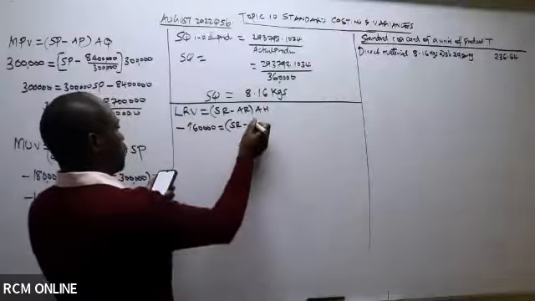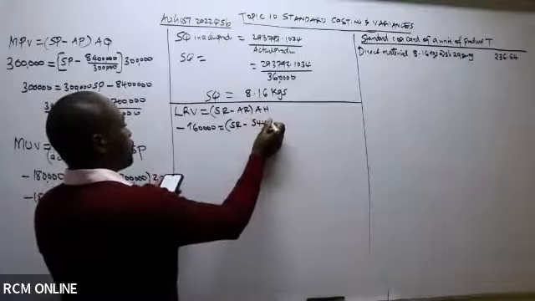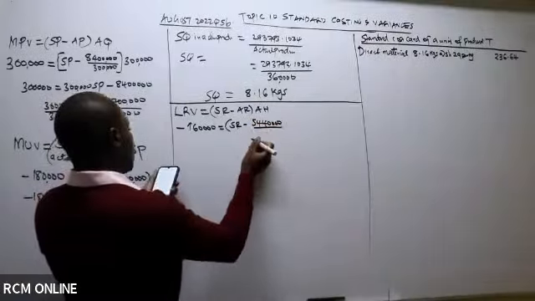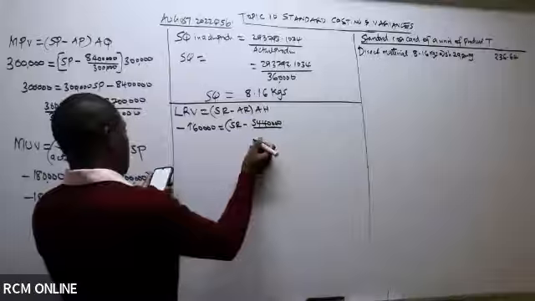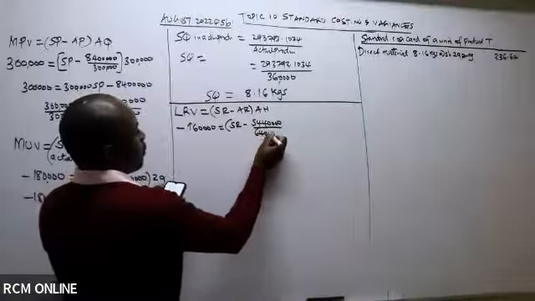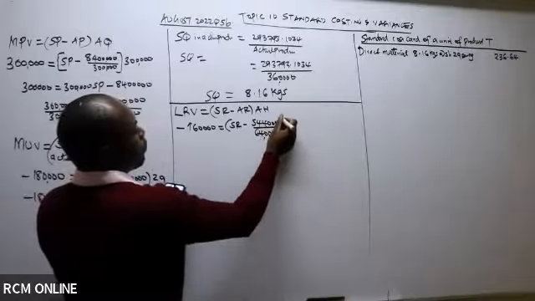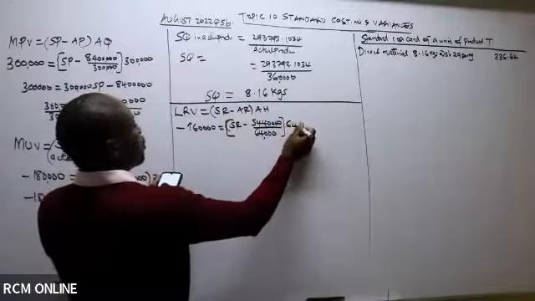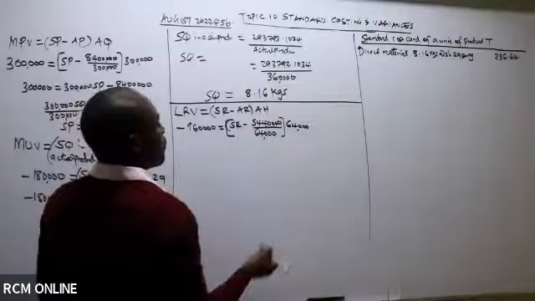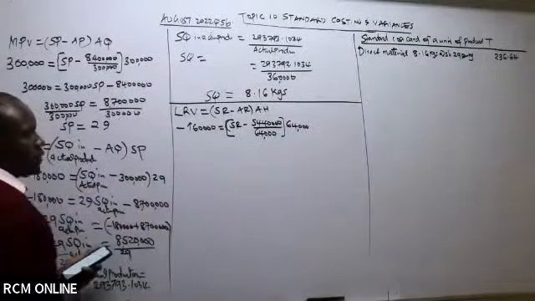That is 54.40, divided by actual hours of 64,000 hours, will give us actual rate. Then we multiply by actual hours, which remains to be what? Good. So let's break the bracket.